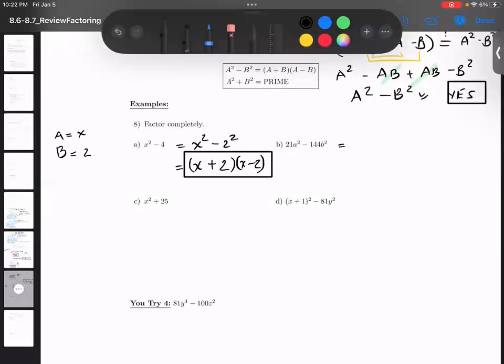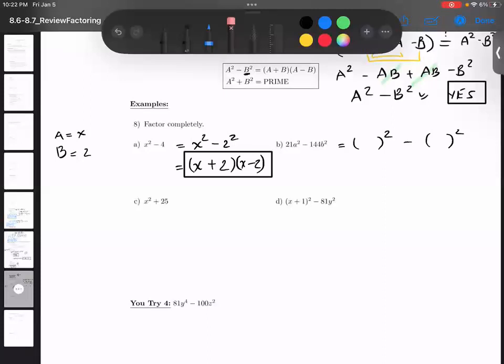For this one right here, same thing, right? Your goal is to make it in the form a squared minus b squared, right? Something squared minus something squared. And notice that I'm using big A and big B, capital letters, not just little letters.